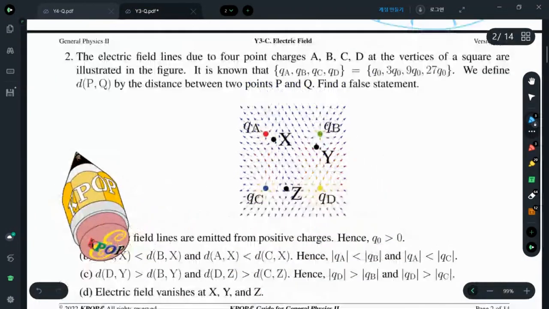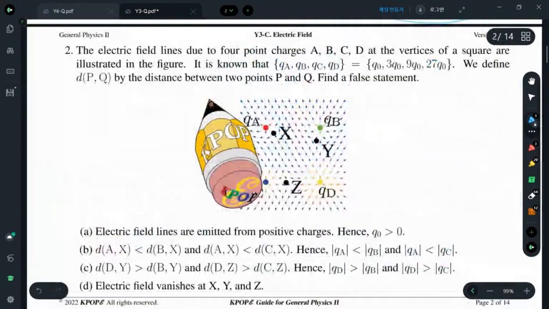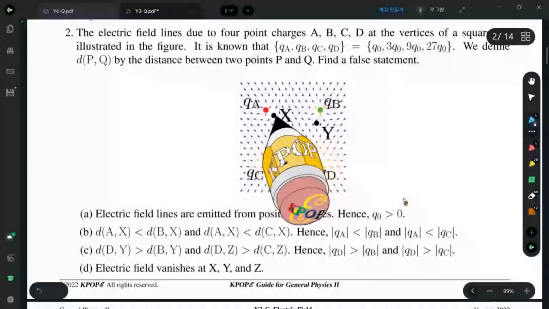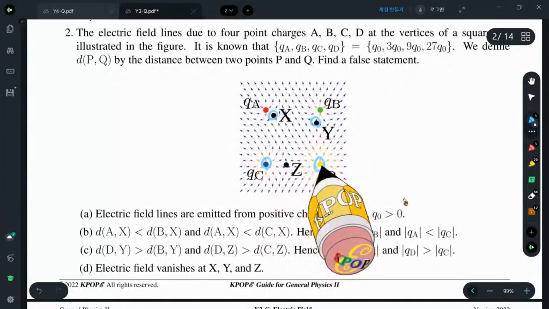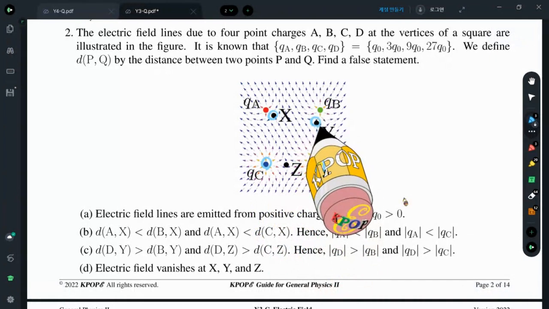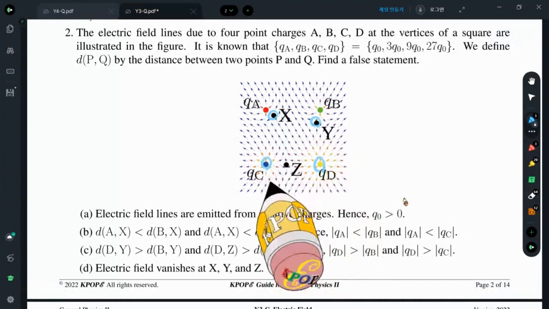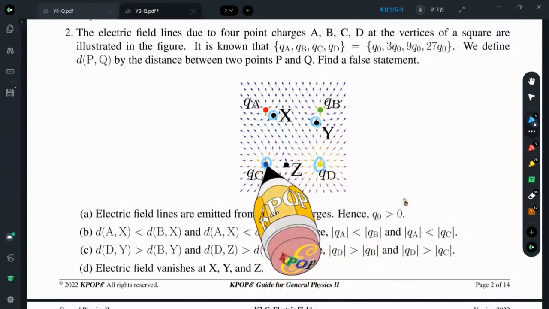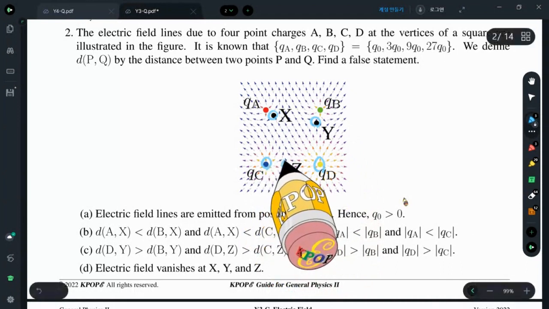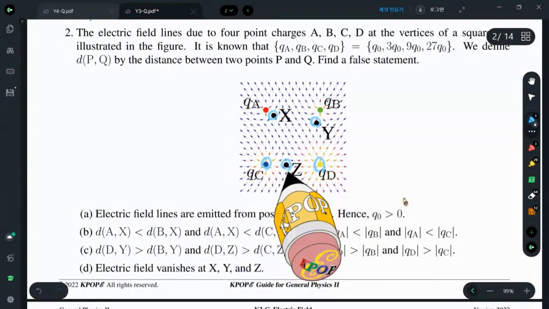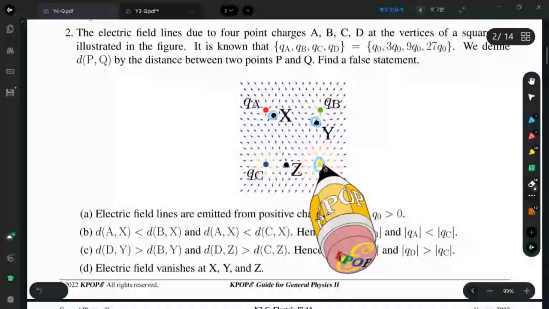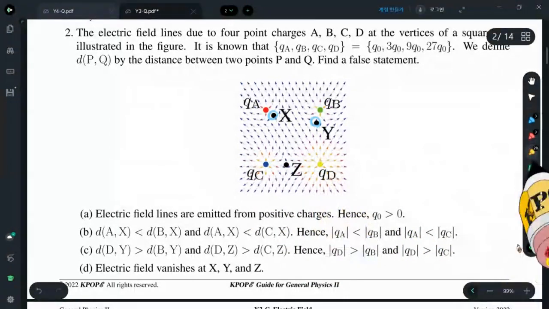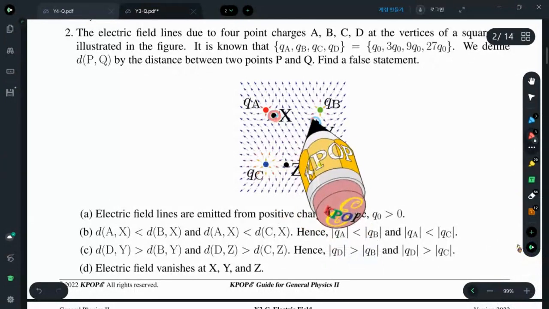As we have done with the first case, we find that there are four points where either the field is converging to that point or diverging from that point. X, Y, Z are the points where the electric field vanishes.